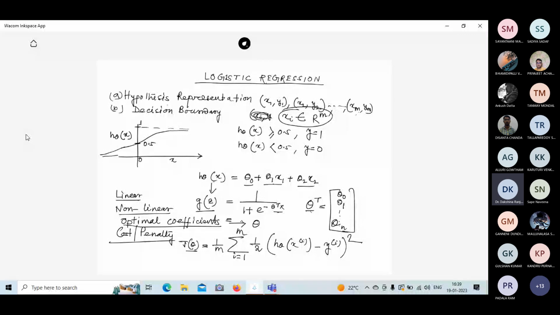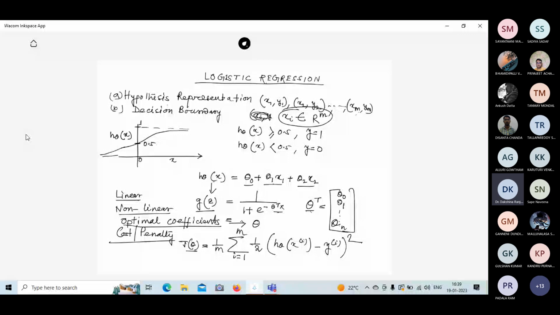Then we take the square of this deviation between the actual value and the predicted value, and then we sum over this deviation. This j theta is actually the linear cost function. So this is the cost function for linear regression.